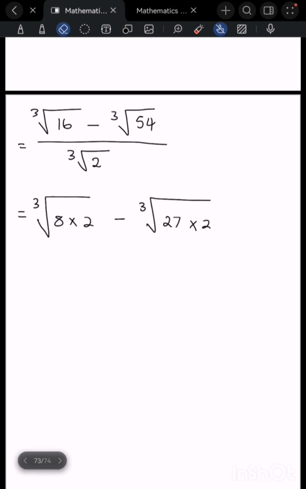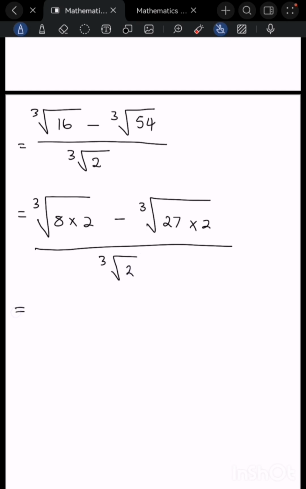All divided by the cube root of 2 is equal to, just like before, the square root of 8 times 2 is going to be the square root of 8 times the square root of 2.